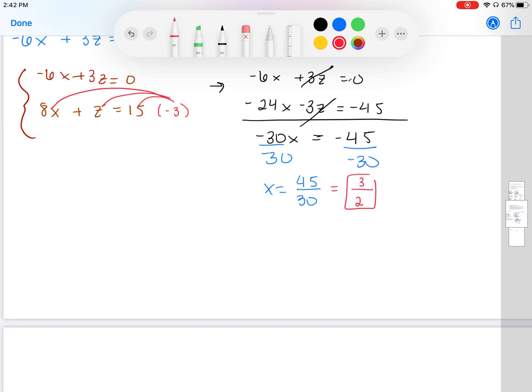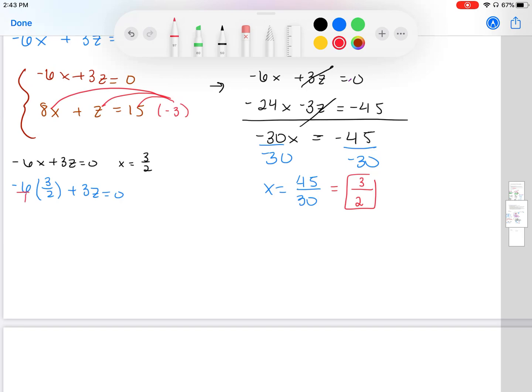Let's plug it into our equation. I'm going to use that first one. So I have negative 6x plus 3z is equal to 0, and we have that x is equal to 3 over 2. I know we have fractions, but that's okay. Negative 6 times 3 over 2 plus 3z is equal to 0.